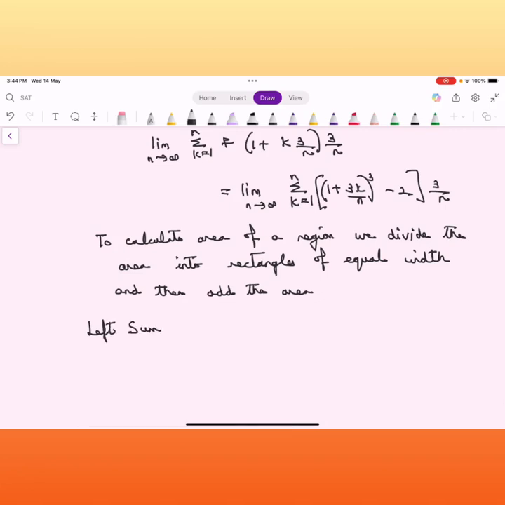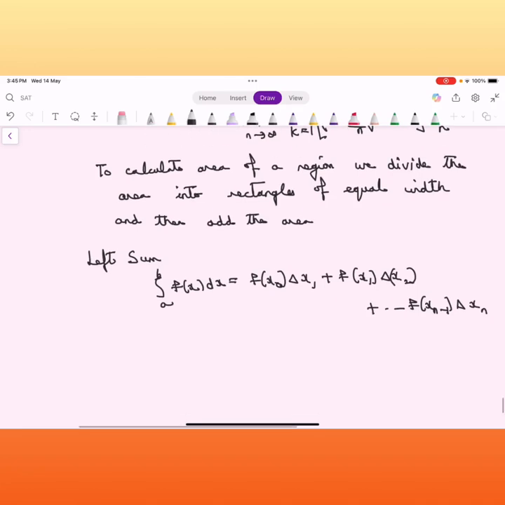The left sum is given by the integral from a to b of f(x) dx equal to f of x naught into delta x1 plus f of x1 into delta x2 plus f of xn minus 1 into delta xn. So we use the value of f at the left endpoint of each interval.